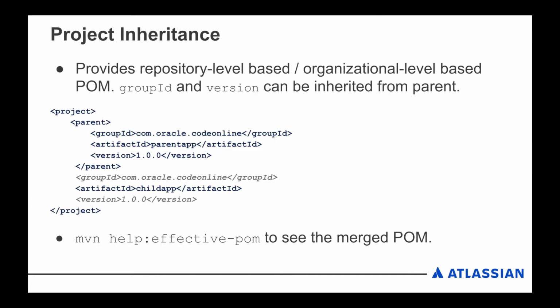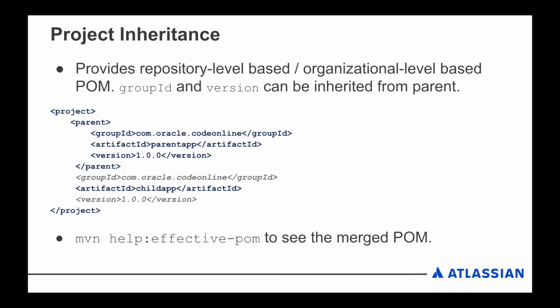To define relationship between projects, you can either define inheritance or aggregation between projects. And project inheritance allows you to define a parent project with group ID, artifact ID, and version, and child project can inherit from there by inheriting the group ID and the version.